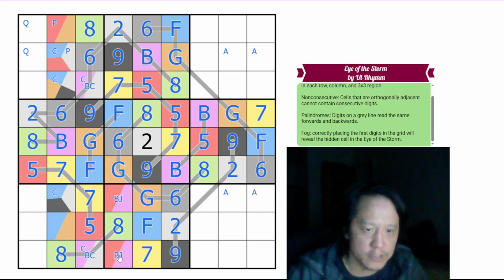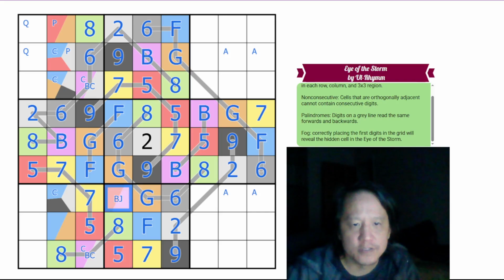If B was here, this would be C. And then B cannot be next to F. But then F would not be possible to be 1 because 1 would be next to 2. Right, so F cannot be 1. So this cannot be B. This has to be red and is 5. So this is not red. This is pink and B.